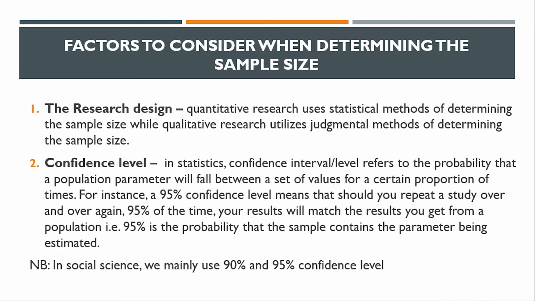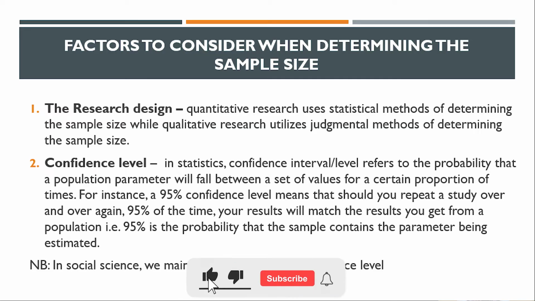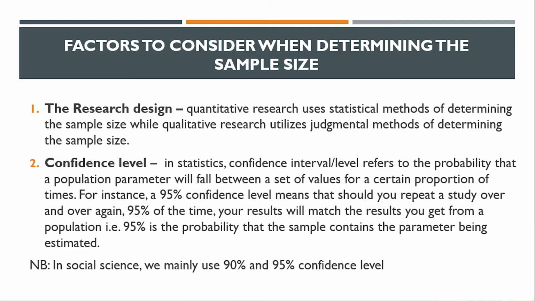So what are we saying? We are saying that the confidence level gives us the probability that the sample contains the parameter being estimated. I hope you remember from our lesson 28, we defined the term parameter and we defined the term statistic.